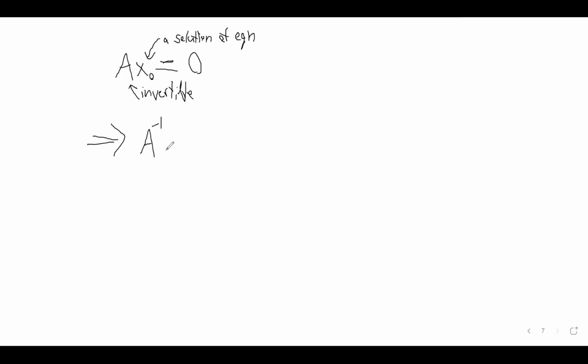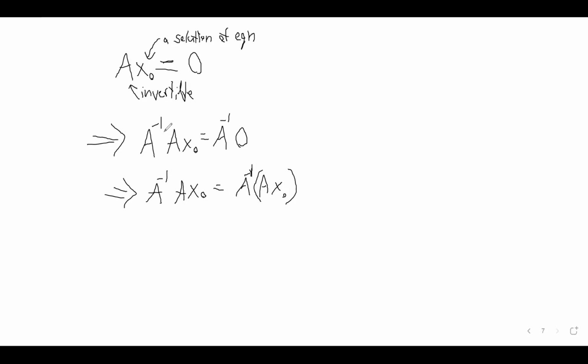Since A is invertible, we can talk about an A inverse. So I multiply both sides on the left by A inverse, which I'm allowed to do. And so A inverse times Ax naught is equal to A inverse times the 0 matrix. But now A inverse Ax naught, without writing parentheses, what we did originally is multiply on the left by A inverse.